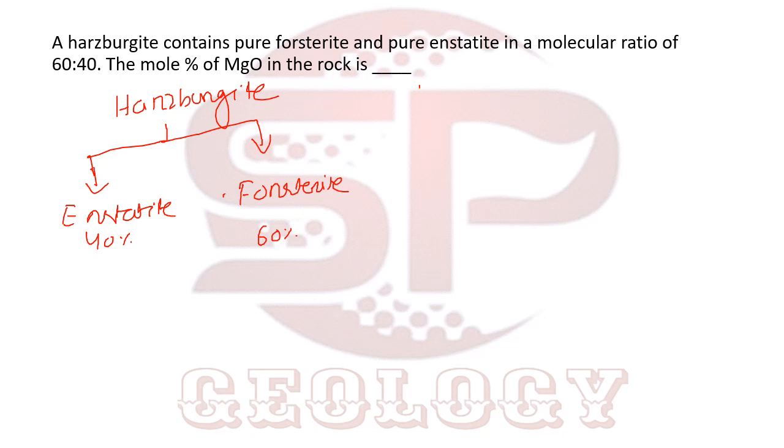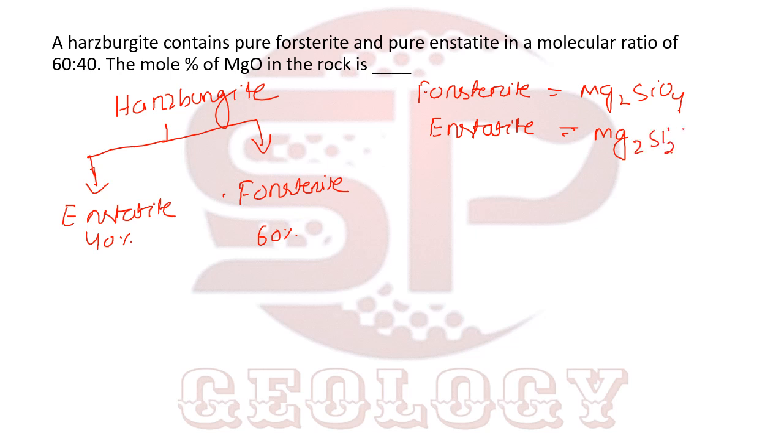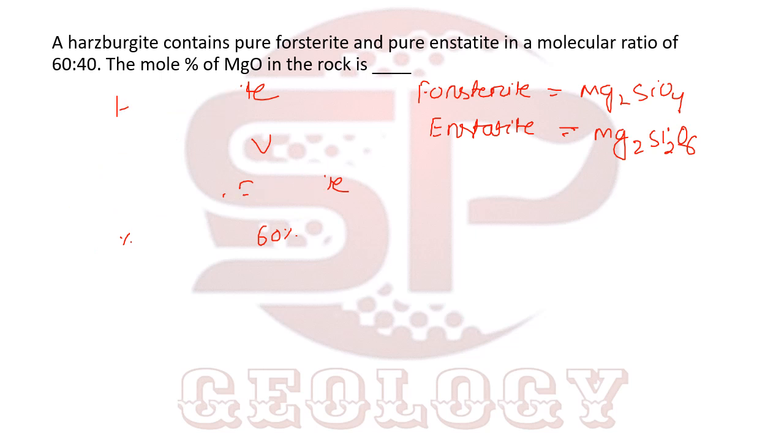So forsterite has the composition Mg2SiO4, and enstatite has the composition Mg2Si2O6. First we will calculate the moles of MgO in forsterite and the moles of MgO in enstatite.